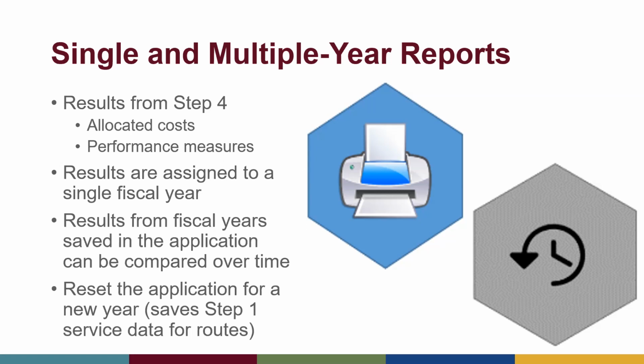Each time in the calculator that you produce a set of results, it will direct you to assign those to a single fiscal year. You can only assign one set of results to one fiscal year, so you don't have overlapping. Then you can reuse the calculator in subsequent fiscal years, saved in the application over time, to have a comparison report that gets generated.